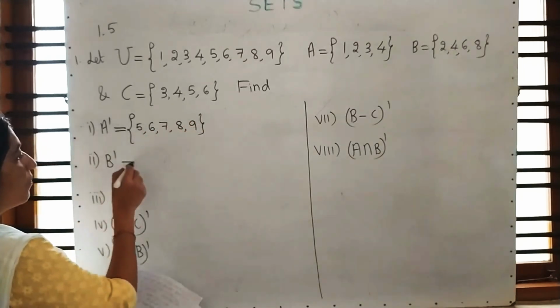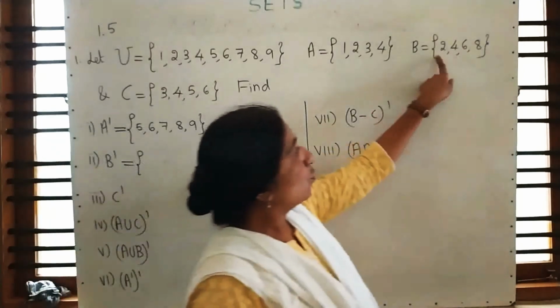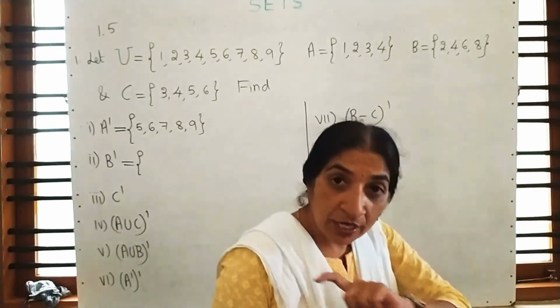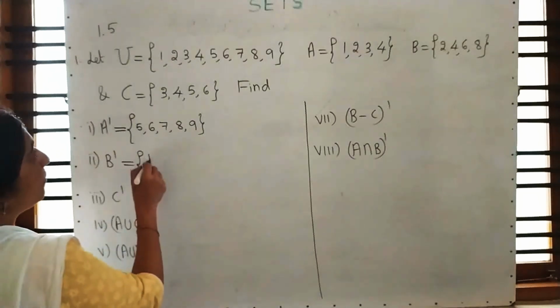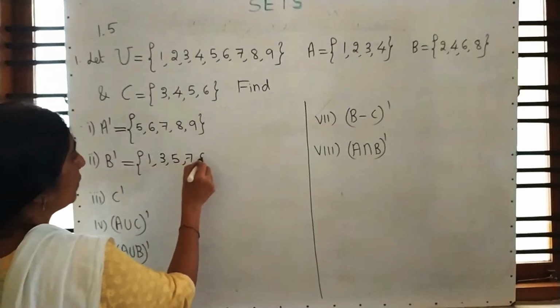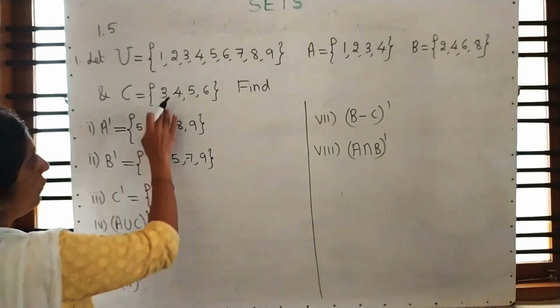Understood? And B complement. What is B complement? Here 2, 4, 6, 8 are present in B. So don't write that. Write down the remaining elements from the universal set: 1, 3, 5, 7, 9. And what is the complement of C?